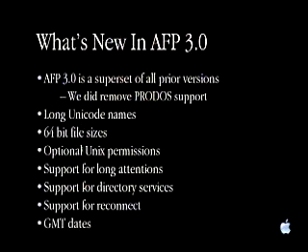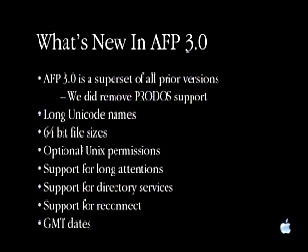We've added some optimizations to the protocol for long attentions to support directory services, much like Kerberos realms and things like that. Directory service nodes from the dir services folks. Support for automatically reconnecting if a connection gets broken. And we now do things in GMT rather than in seconds since the epoch.